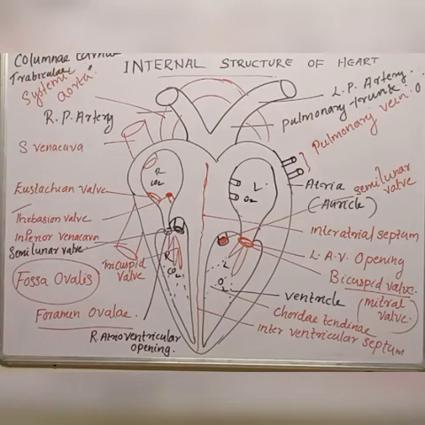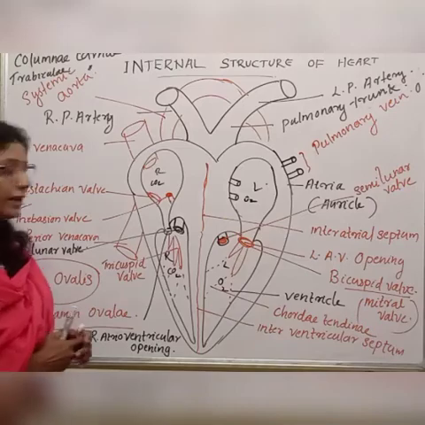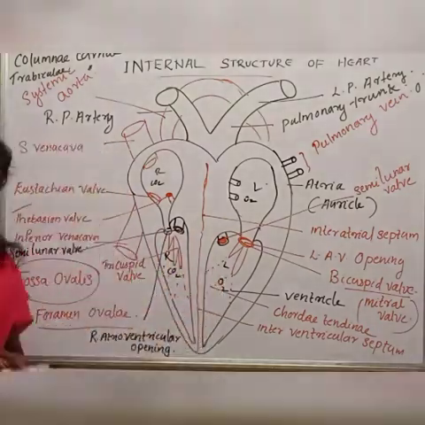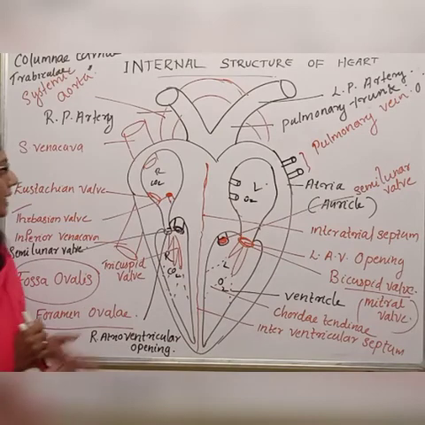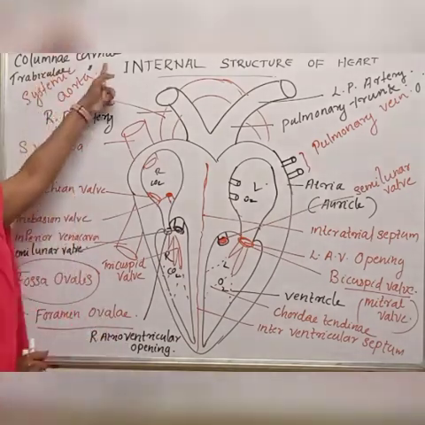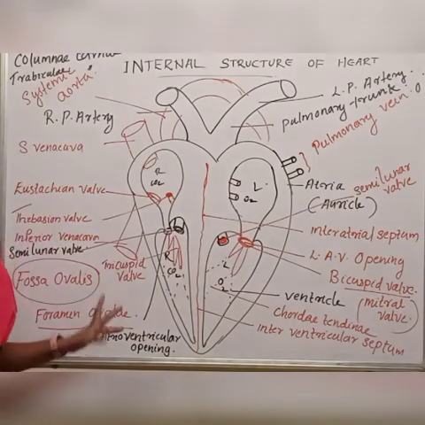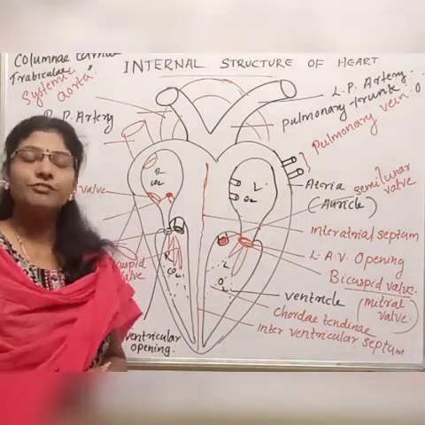So what is meant by columnae carneae or trabeculae carneae? The wall of the ventricle consists of many ridges of muscles, and those muscles are called columnae carneae or trabeculae carneae. So this much you have to tell about the internal structure of the heart.